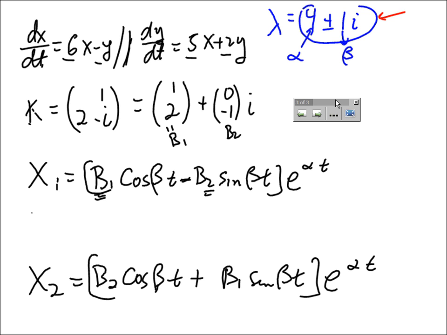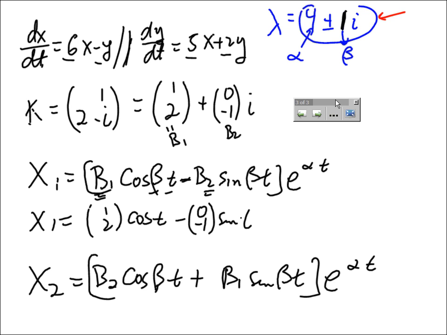So we're ready to write down what x1 is. It's b1, which is 1, 2, times the cosine of beta t, where beta is 1, so 1 times t is t. Minus b2, which is 0, negative 1, times the sine of beta t, 1t. All times e to the 4t.